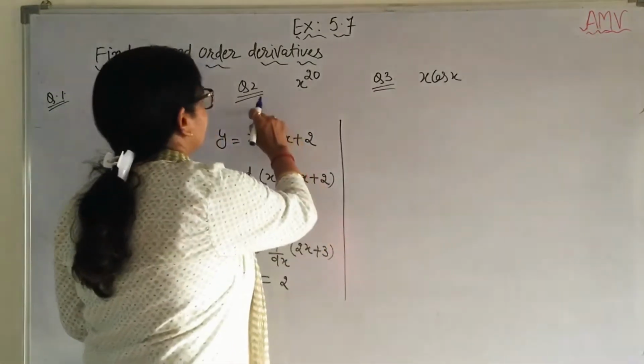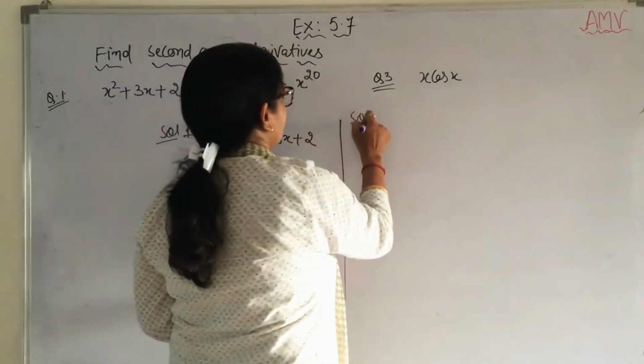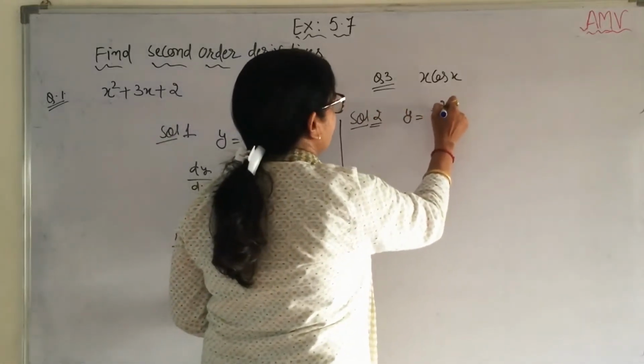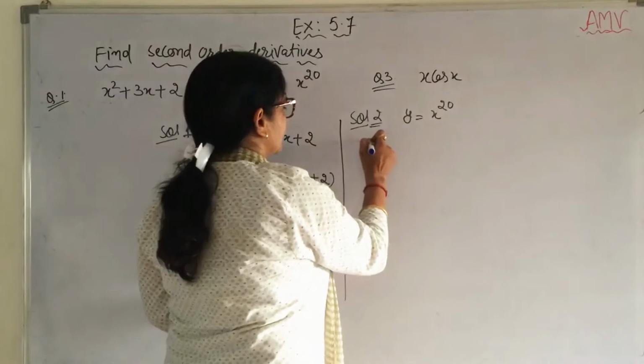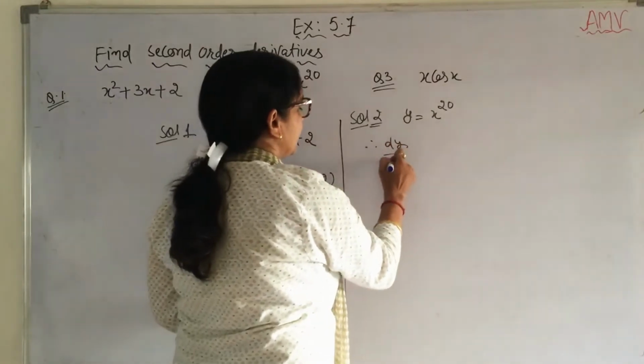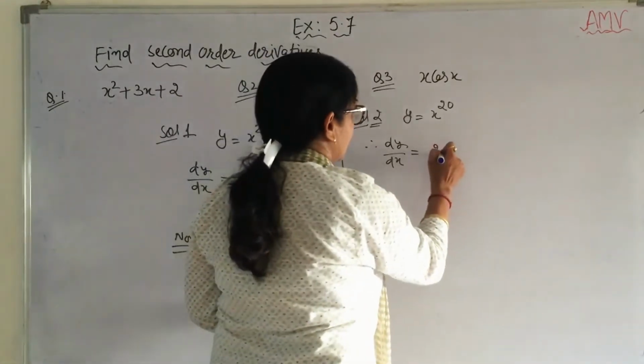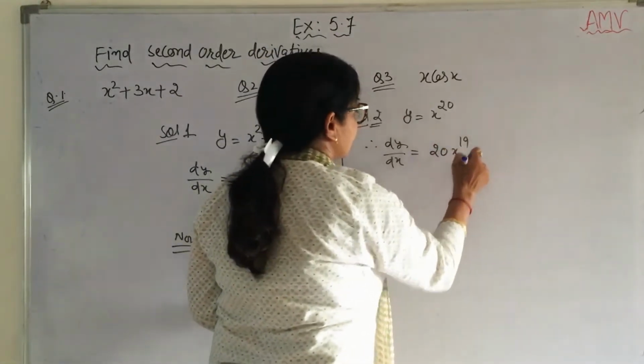Move to the next question. Question number 2. Here y is equal to x raised to 20. So dy by dx, the first order derivative, is 20 x raised to 19.